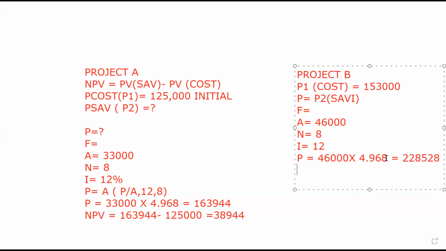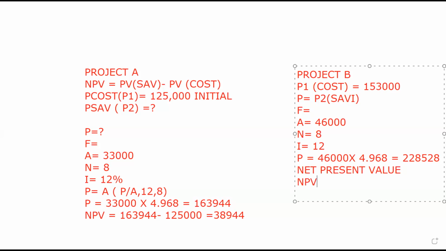So net present value, NPV, a very important economic parameter banks use, is now the present value of the savings minus the cost. Remember, if it is positive, it's good. If it's negative, it's bad.